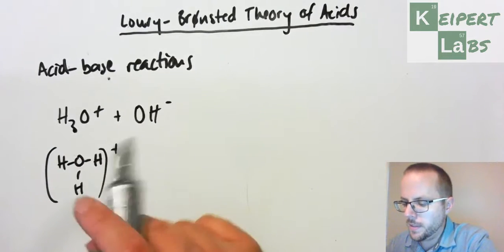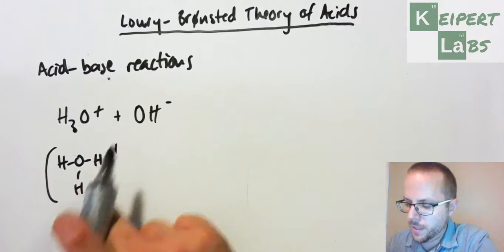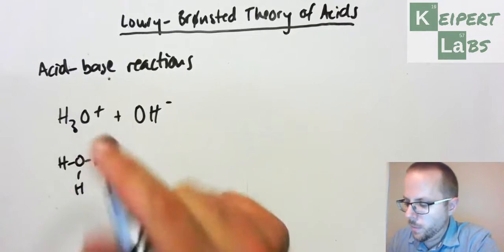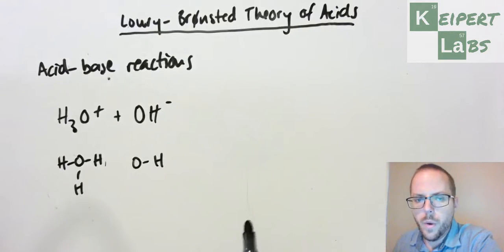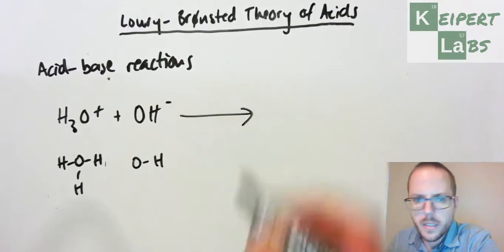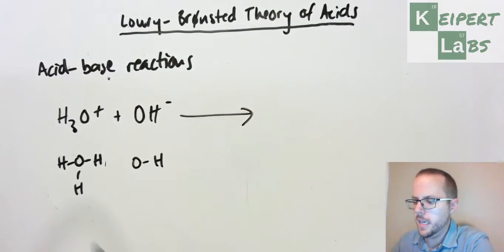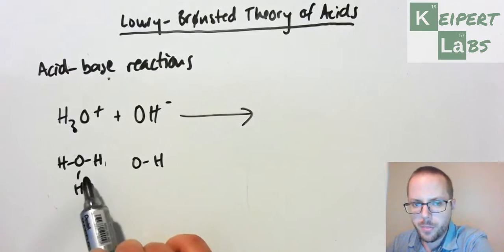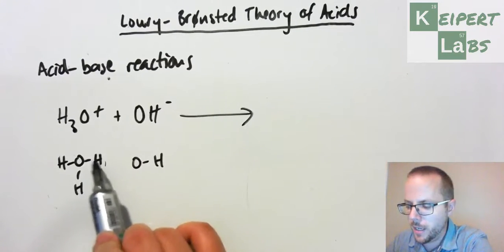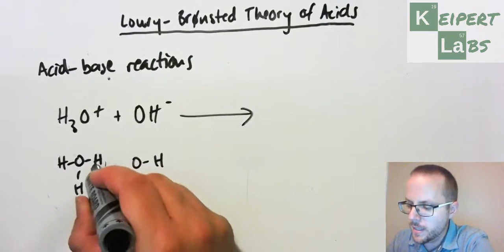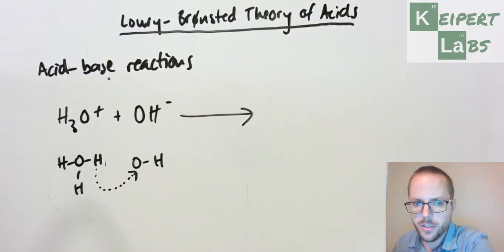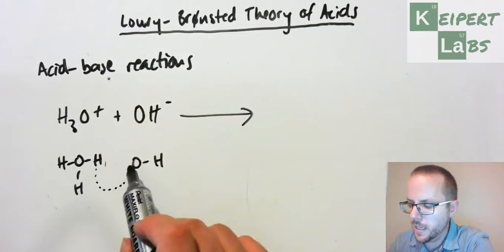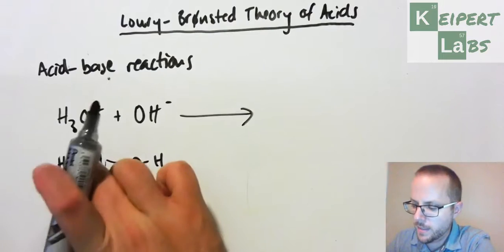If I take that away for a second, we have our OH over here. What we see in this situation is that one of these protons, the extra proton that is only attached by a coordinate covalent bond, is given or transferred to this oxygen. So it moves from here to here, we make a new connection and sever the old one.